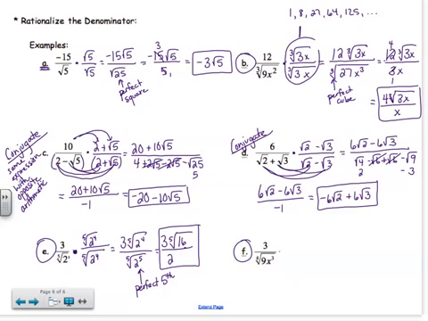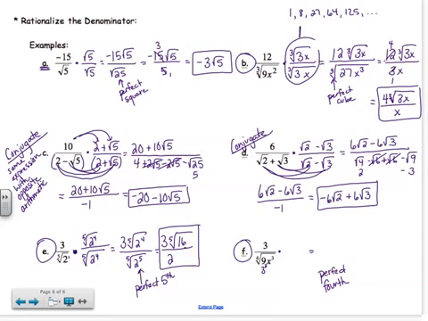So this time I'm looking for a perfect fourth. Now I see that I have a 9, and I know that 9 is 3 squared. So I'm thinking if I multiply by 2 more 3's, then I would have a 3 to the fourth power.